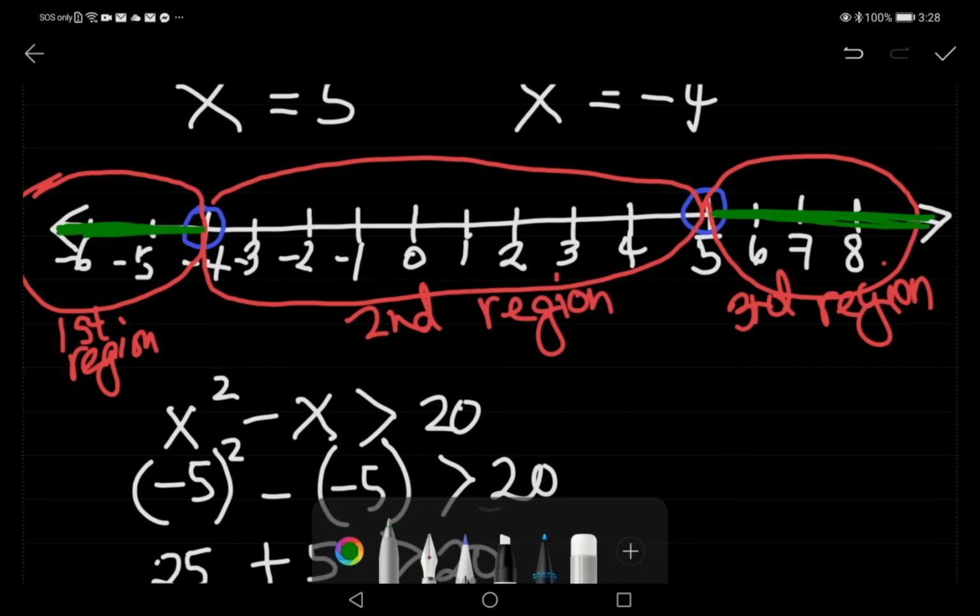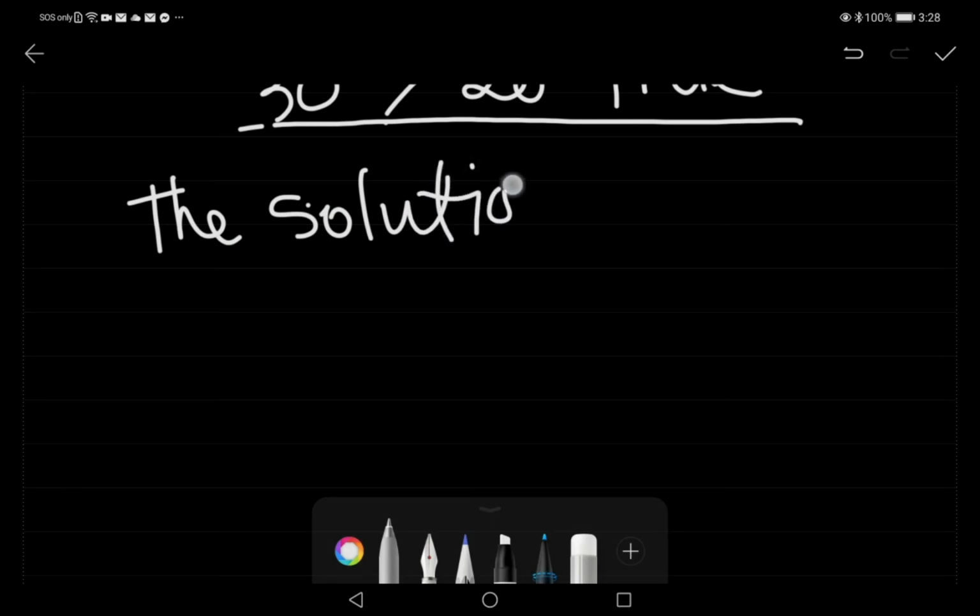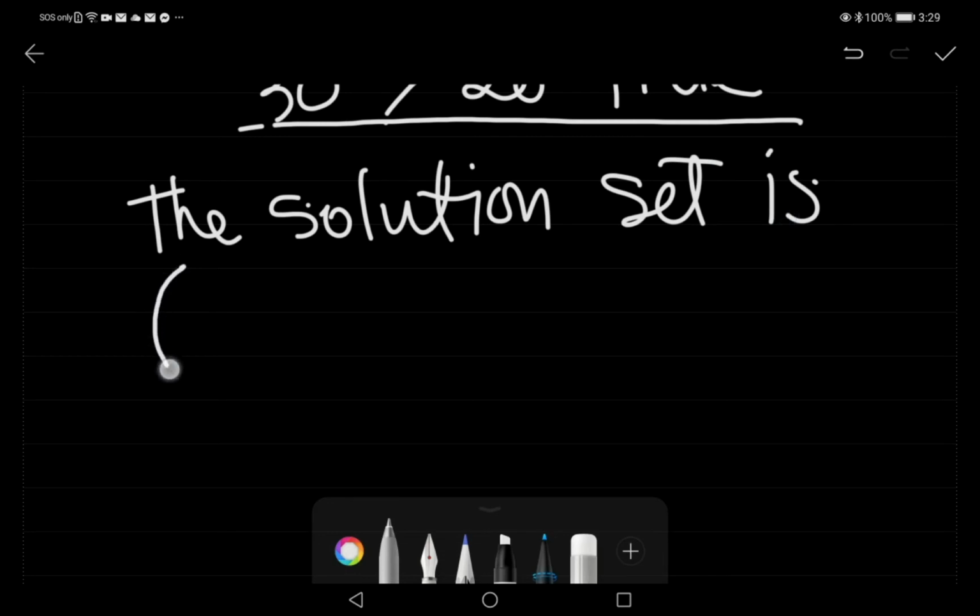So the solution set is negative infinity and negative 4. So open parenthesis siya.